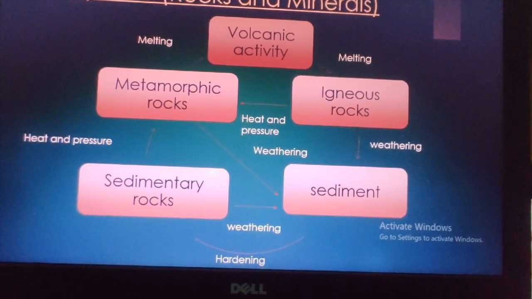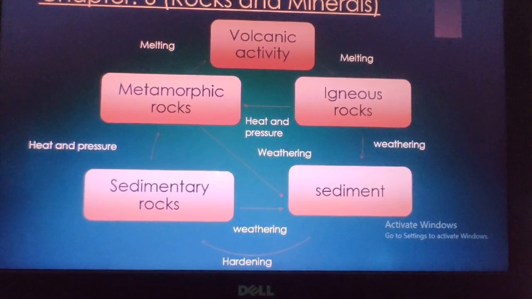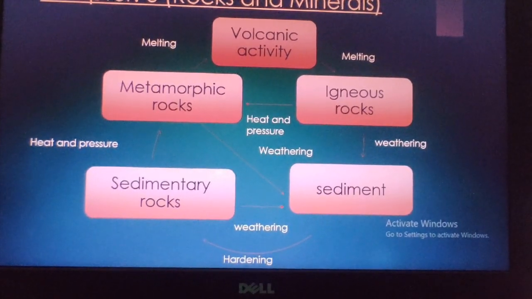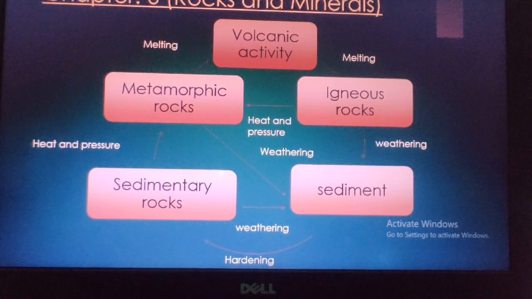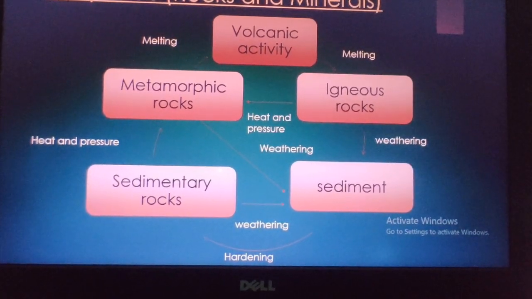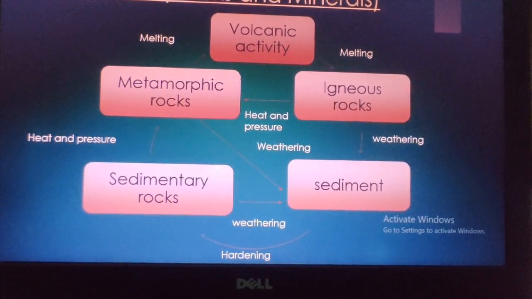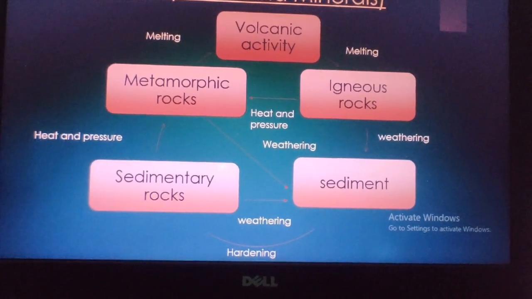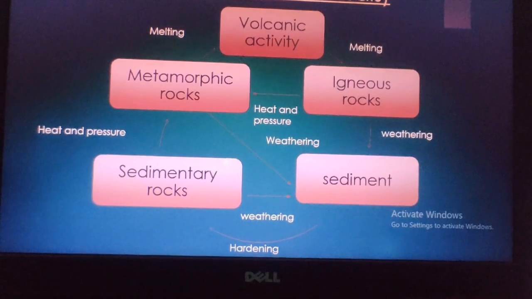There are three different types of rocks: igneous rock, sedimentary rock, and metamorphic rock. These are the three types of rocks that we encounter in our day-to-day lives.